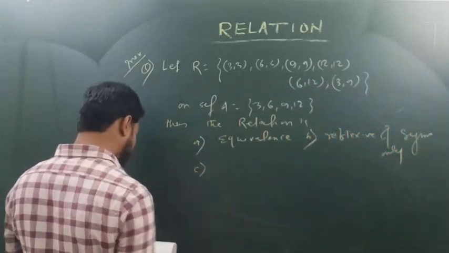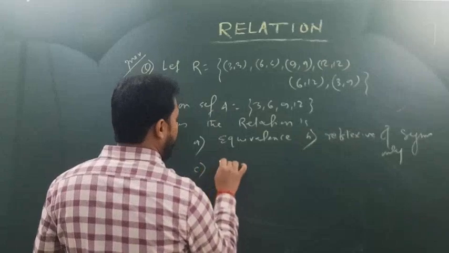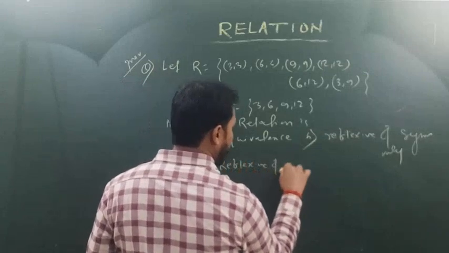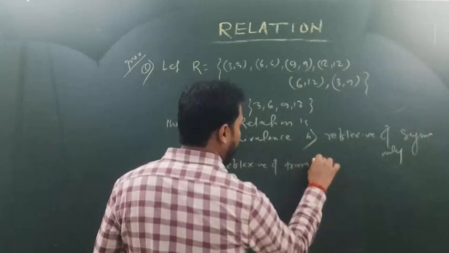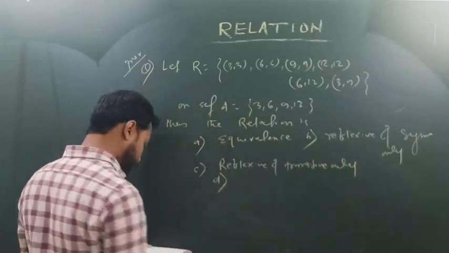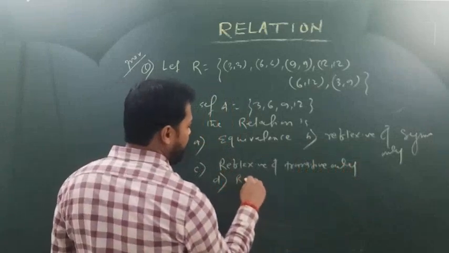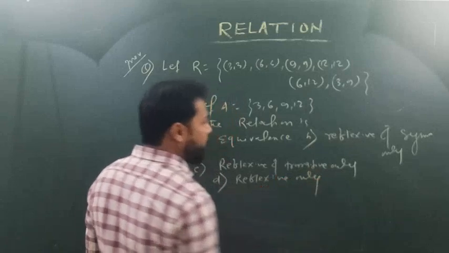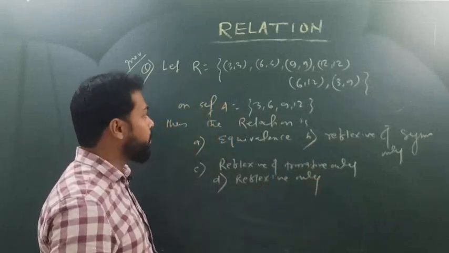Option C is given reflexive and transitive only. And option D is reflexive only. So we have to check out which one is the correct option.